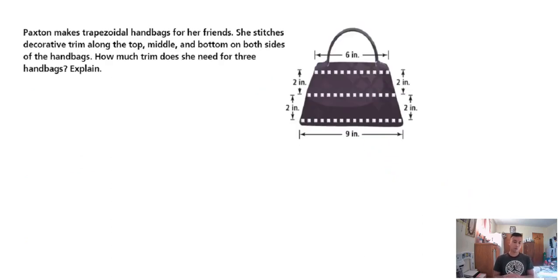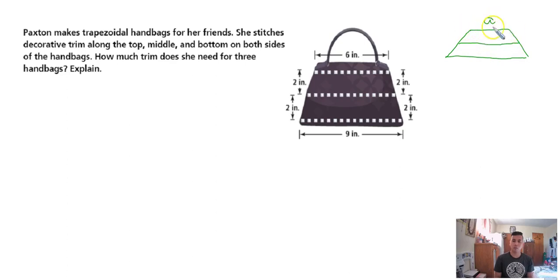Next, on this problem, we will be using the trapezoid mid-segment theorem. When we say mid-segment, let's say I have here a trapezoid. Your mid-segment is the segment in between. And how would you find it?